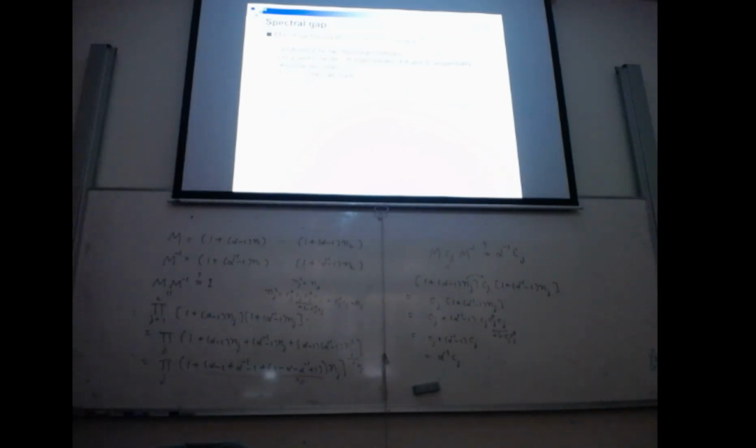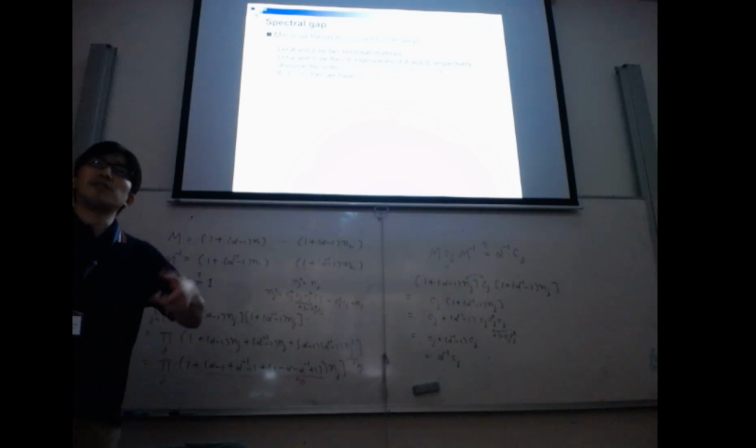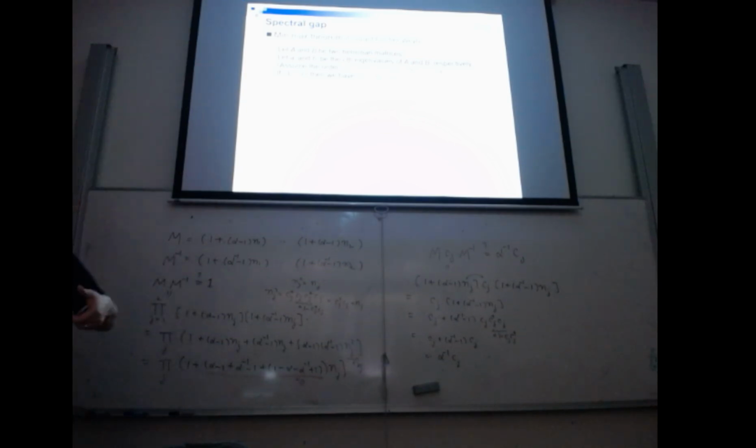Now let me prove that there is a spectral gap above the ground states in the interacting case. In the non-interacting case, because you can easily diagonalize the Hamiltonian by Fourier transform, you can easily prove the presence of a gap. And the gap is basically just a band gap, right?